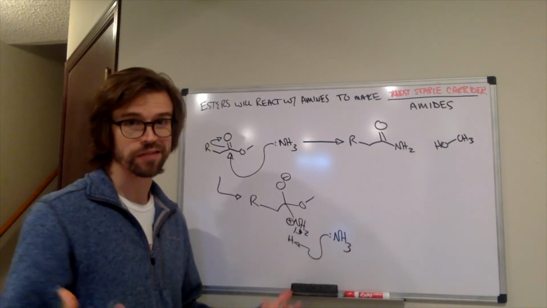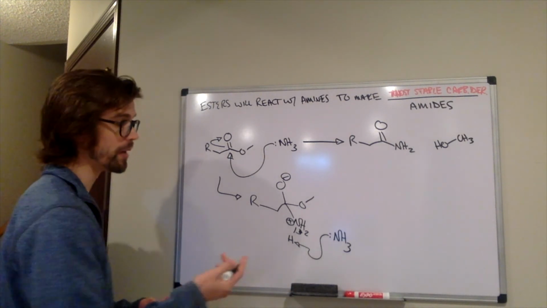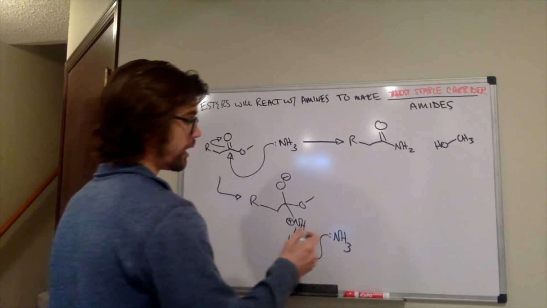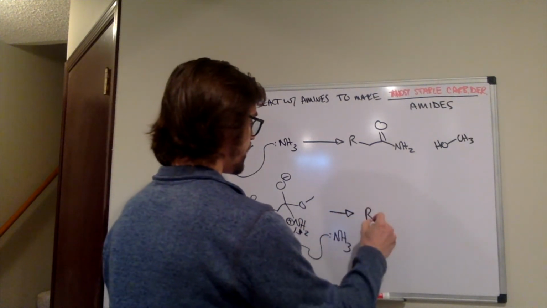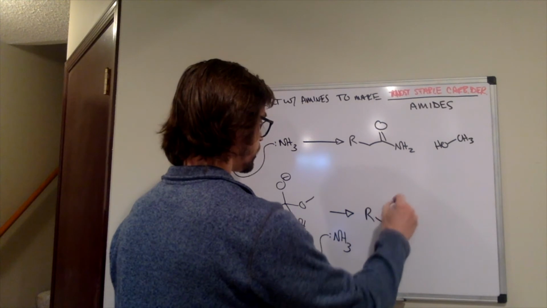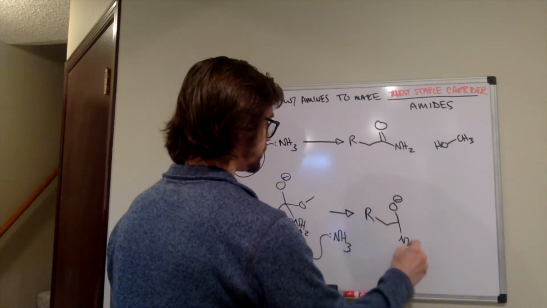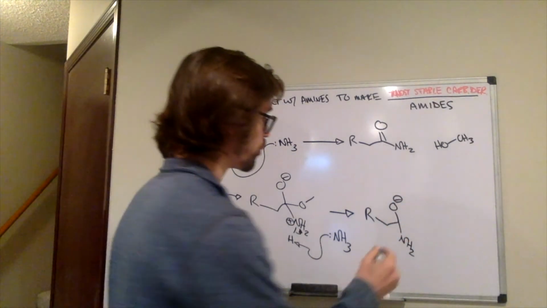It's a really good leaving group as NH3. It's really stable by itself. But once another one of these grabs that, that produces this intermediate where the NH2 is now a really poor leaving group.